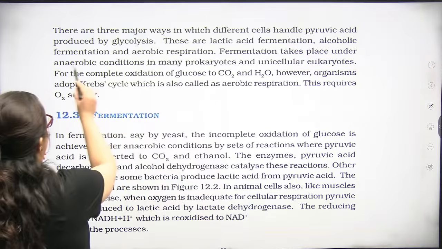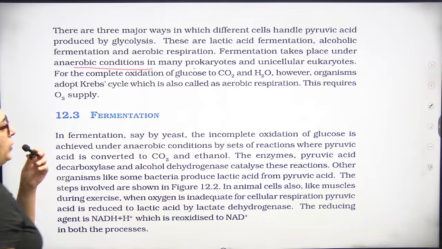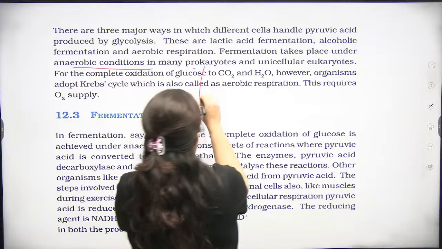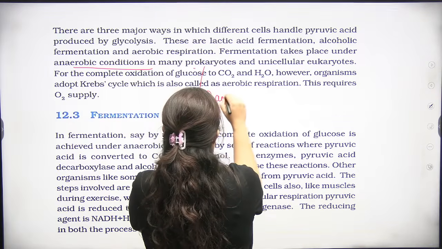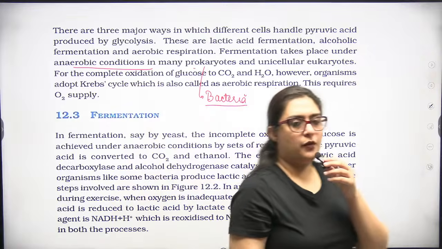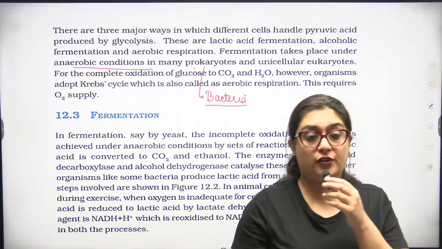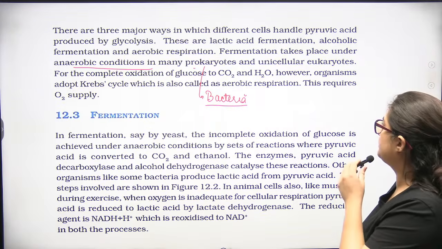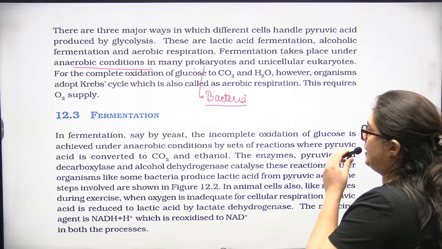Fermentation takes place under anaerobic conditions in many prokaryotes. Prokaryotes means bacteria, which originated when no oxygen was there. Aerobic respiration requires oxygen supply.